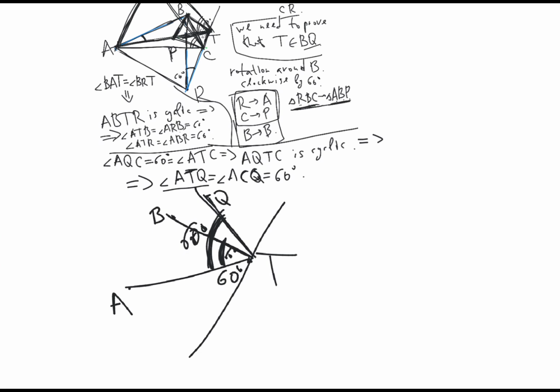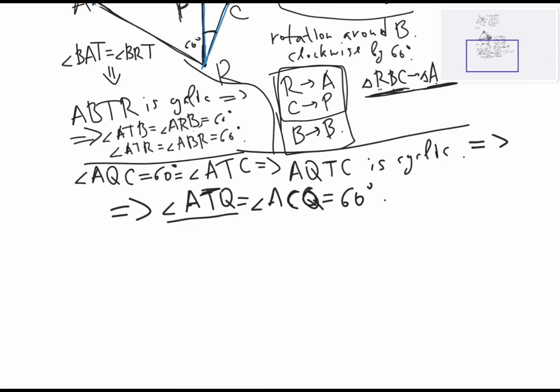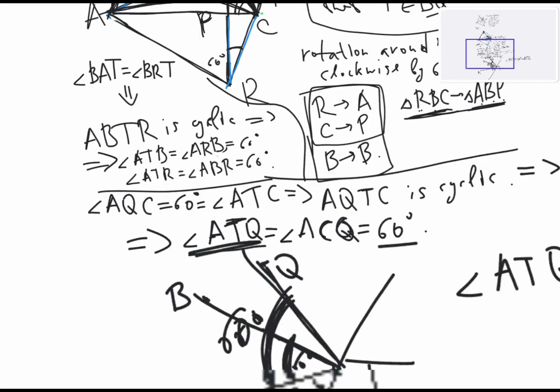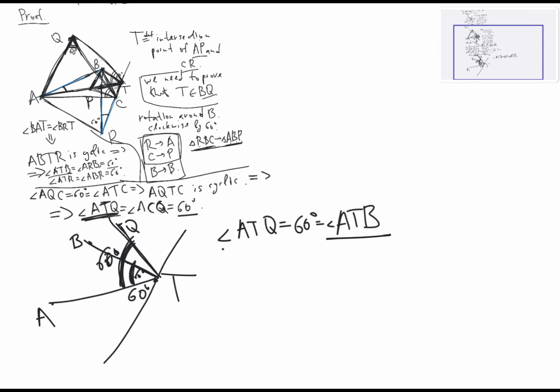Because the angle ATQ is equal to 60 degrees and is equal to ATB, which is also 60 degrees, and because these two angles are equal, this implies that TB and TQ is the same line.